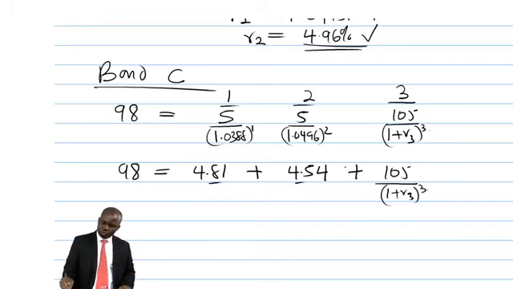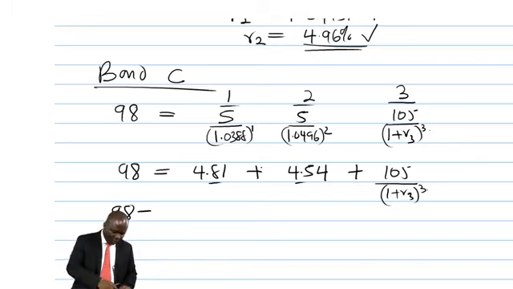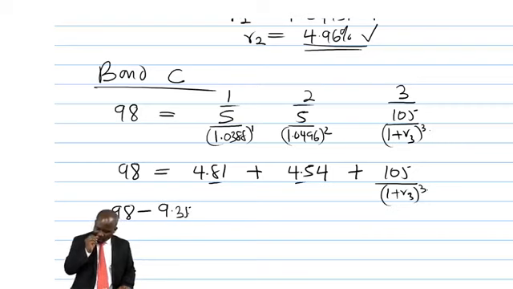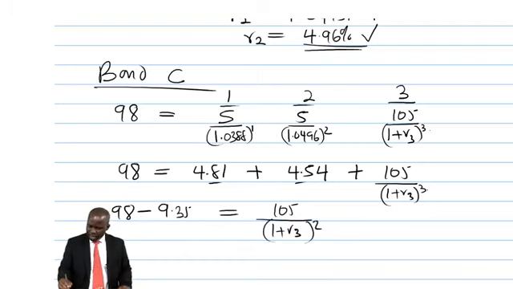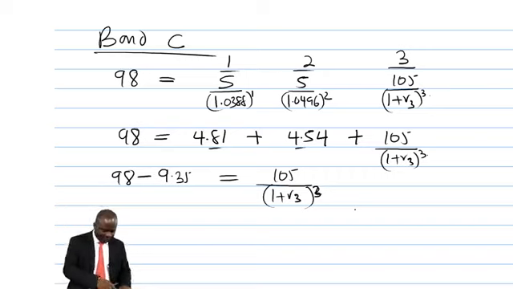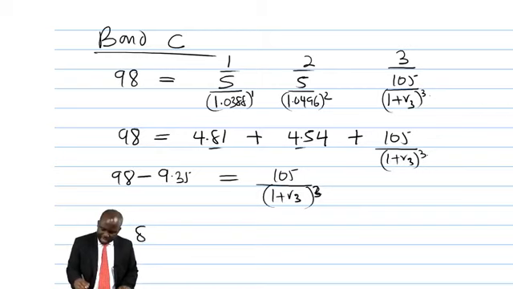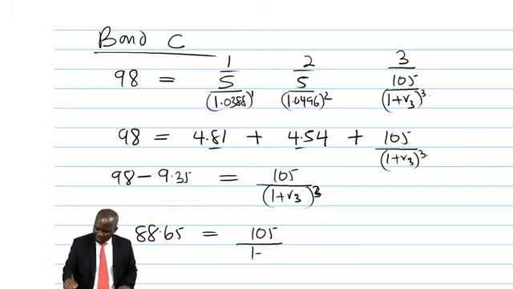So these two will move to the other side. So 98 minus, when I sum these two, 4.81 plus 4.54, that will give me 9.35. And then it's equal to 105 divided by 1 plus R3 cubed. So when I find the difference, minus the 98, it is giving me 88.65 equal to 105 divided by 1 plus R3 raised to the power 3.